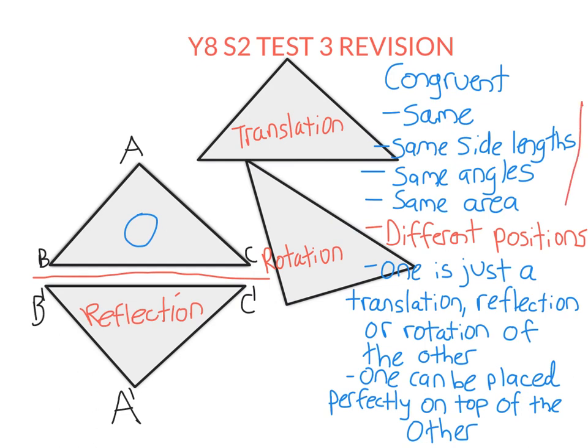And that means that the two shapes being congruent, they have the same side length, same area, same angles, they are the same shape. It means that if they're congruent, one shape can be placed perfectly on top of the other. So let's go through quickly some shapes that are congruent that are not triangles.